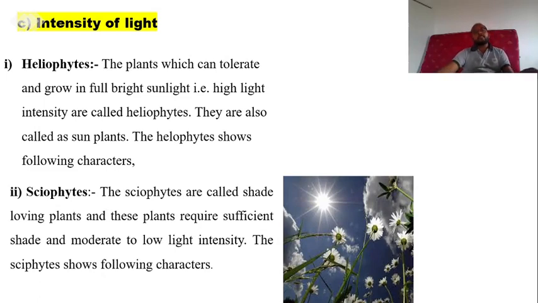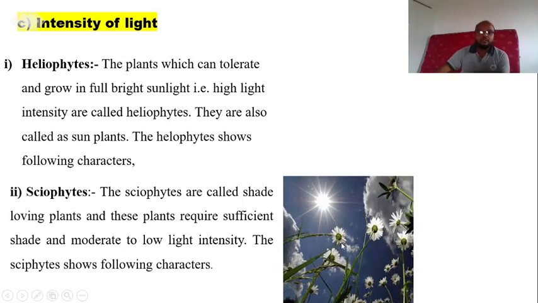The next type is the sciophyte. So the sciophytes are called shade loving plants because they require very low light intensity and sufficient shade, and in moderate low light they will grow and develop.